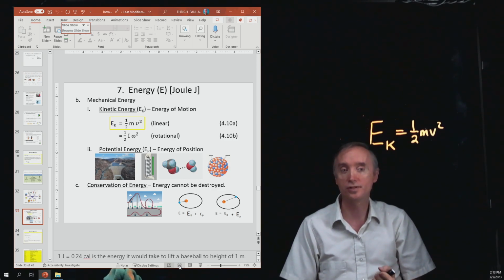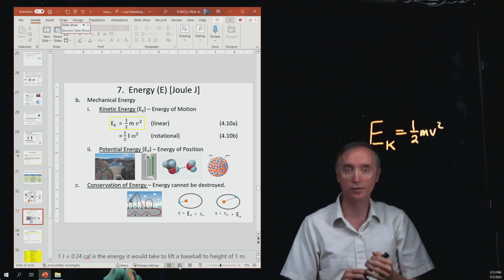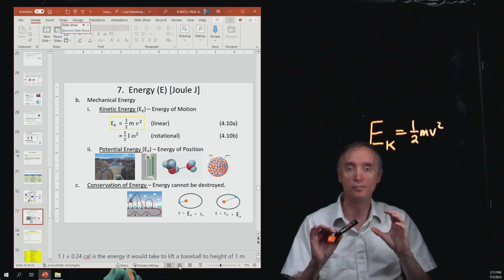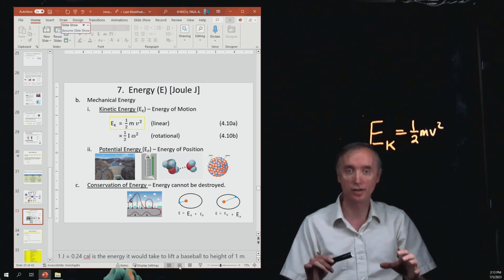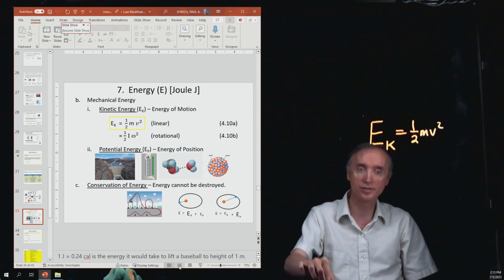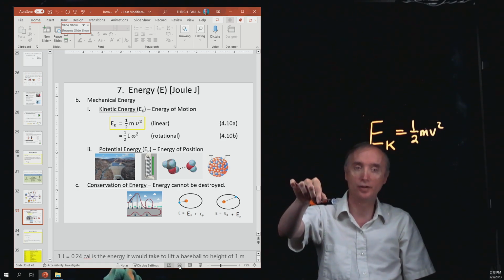Okay, then you got potential energy, energy of position. So the main kind of potential energy that I would want you to know for the exam is going to be gravitational potential energy. So that if I lift this thing up, I give it gravitational potential energy.